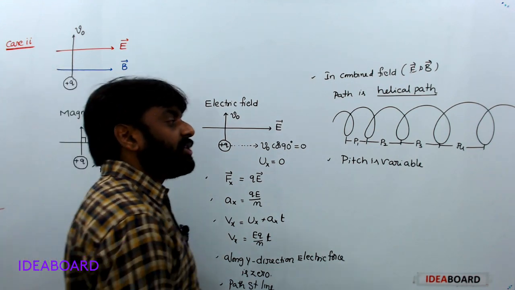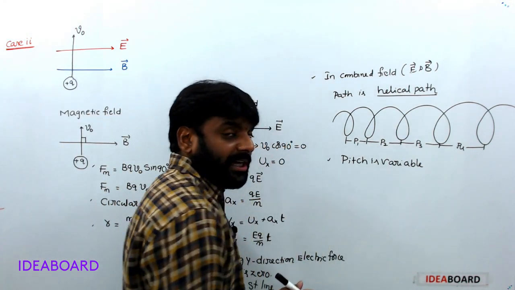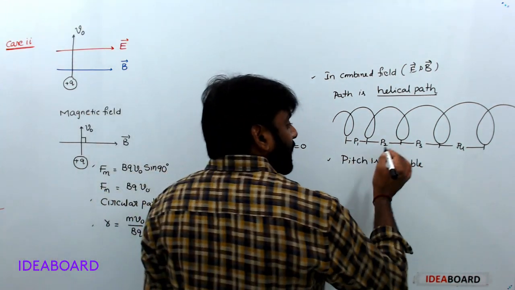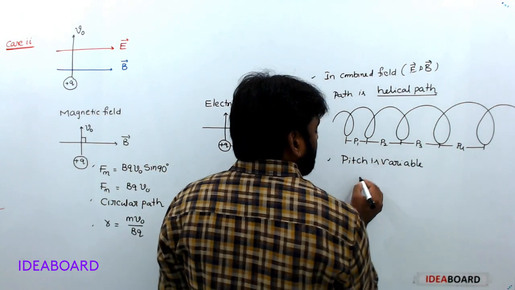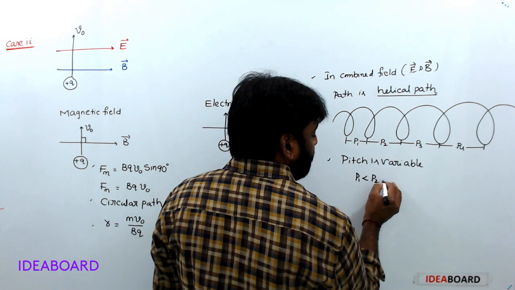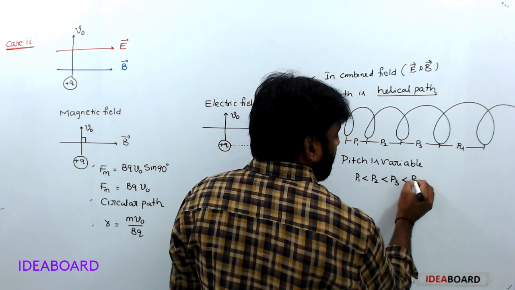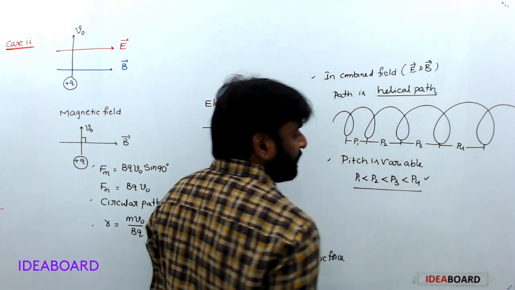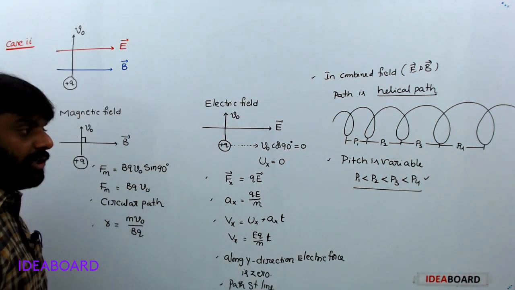That's why the pitch is variable. Gradually the pitch increases. Here P1 is less than P2, less than P3, less than P4, like that. Pitch is variable. Understood? Okay.